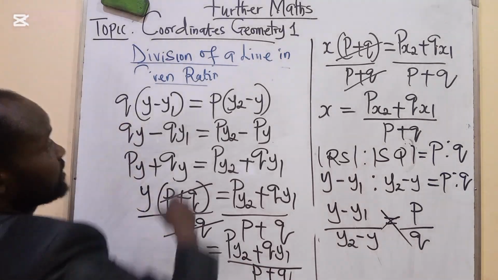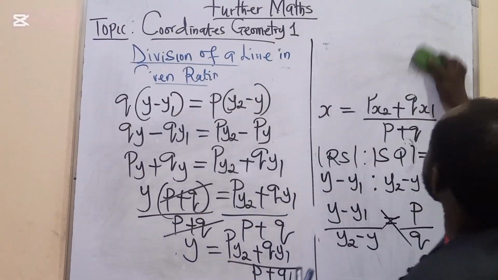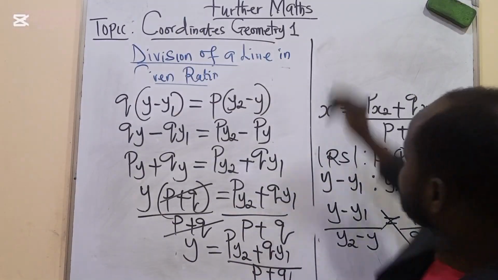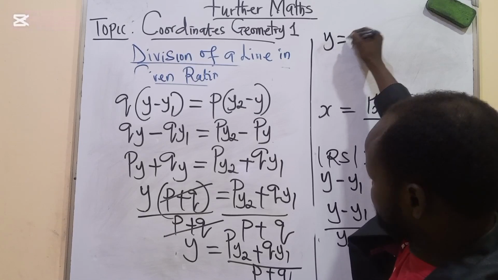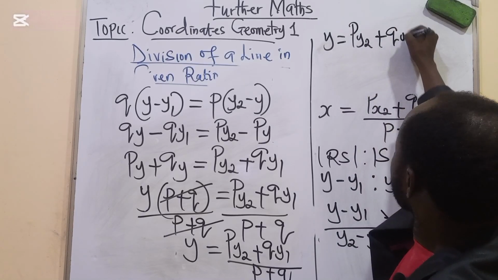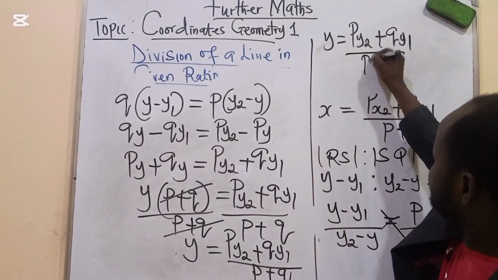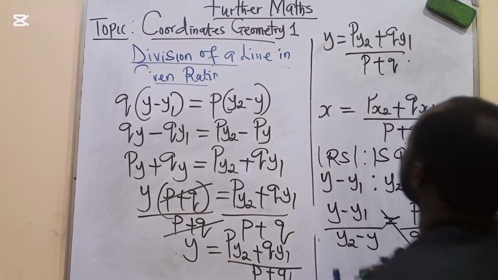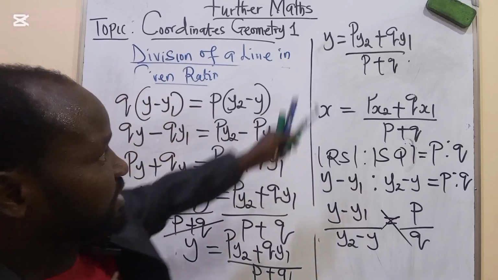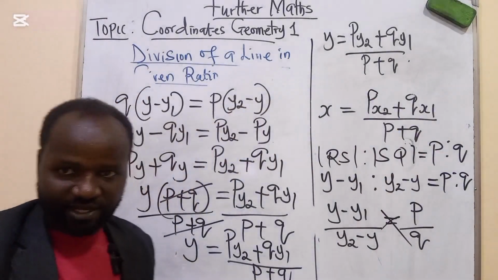Very important. This will be for y. Let me take it here. For the y-axis now, it will be y equals py2 plus qy1. I hope we are together. Divided by p plus q. Very important. So these are the two formulas as far as internal division of a line is concerned.